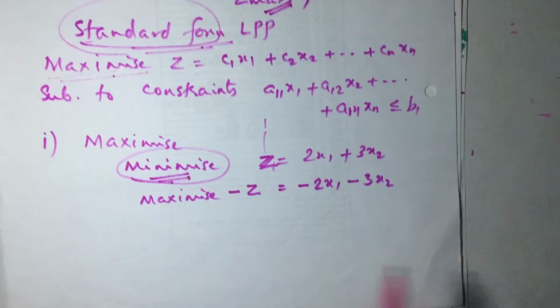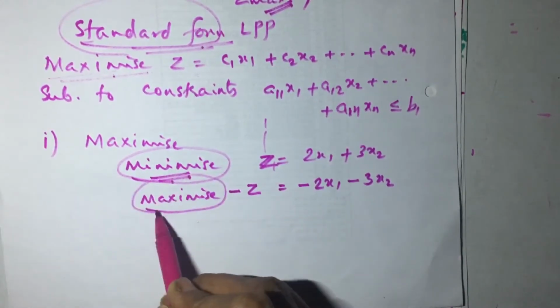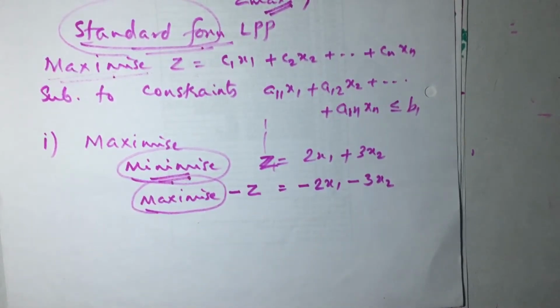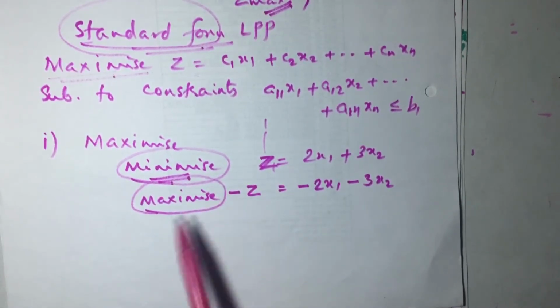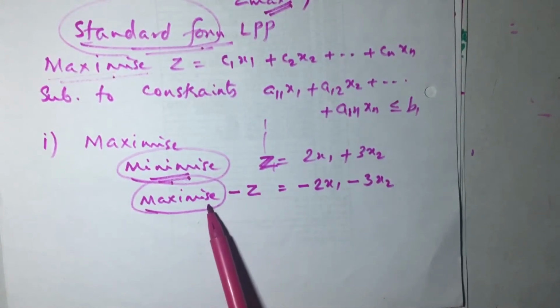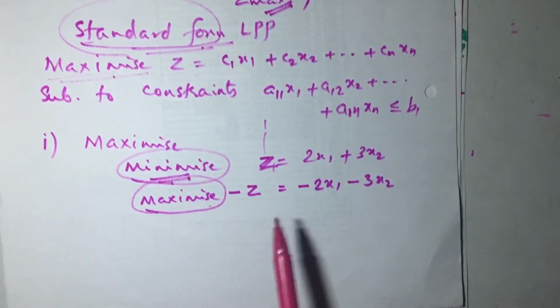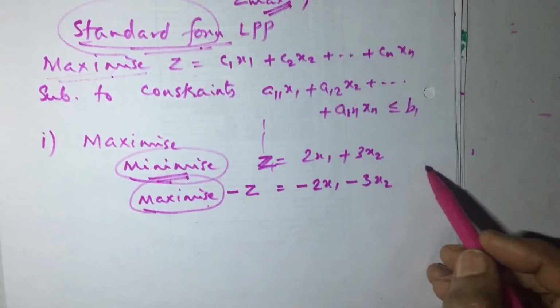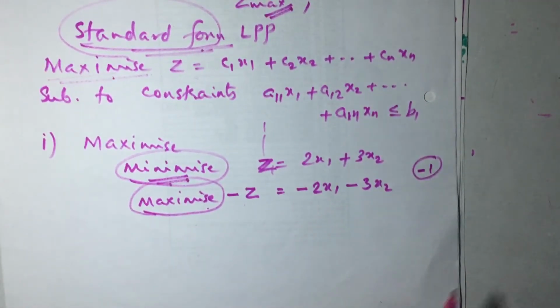This is the first condition: the objective function should be of maximization type. If the objective function is of minimization type, it should be converted to maximize form by multiplying throughout by minus 1.